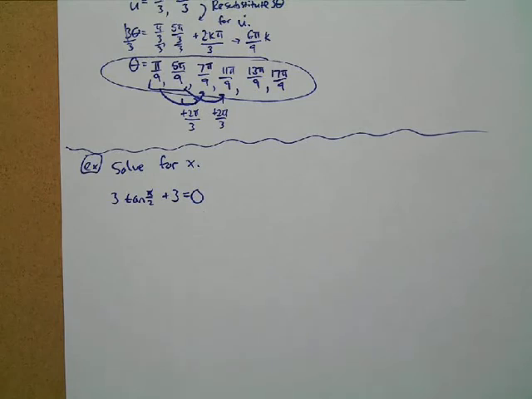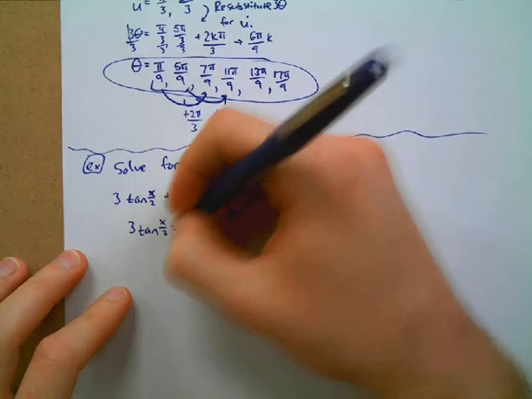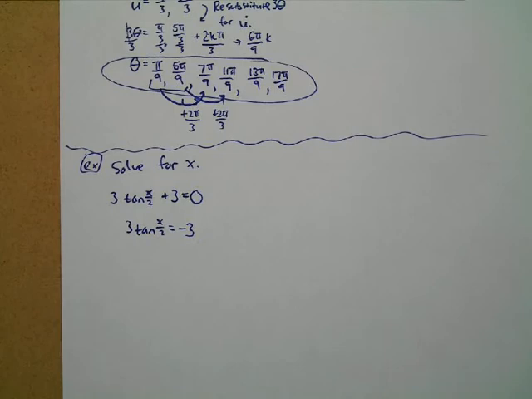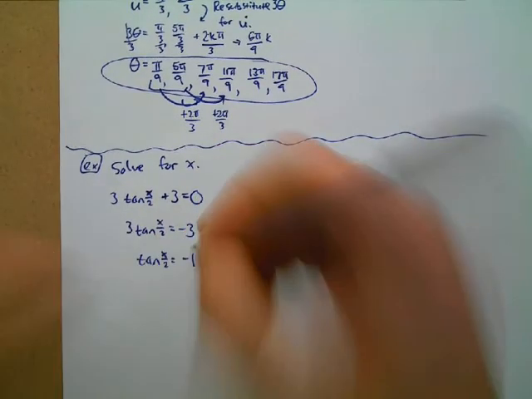Again, tangent of x over 2 equals -1. Let's let u equal x over 2, just to make it more friendly. You could also say let theta equal x over 2, whichever one you want to use. So tangent of u equals -1.